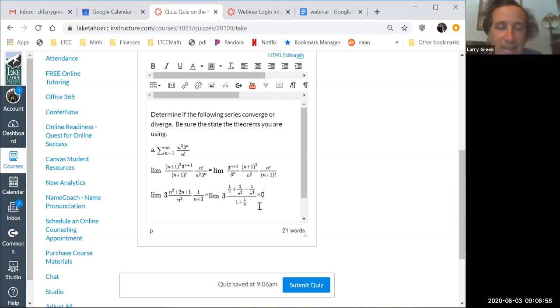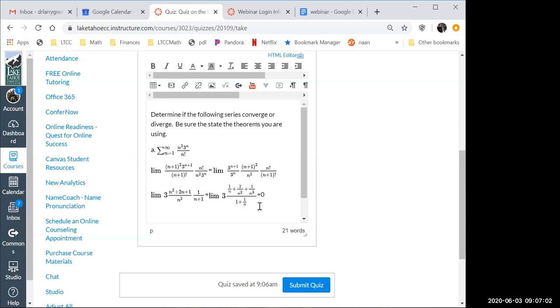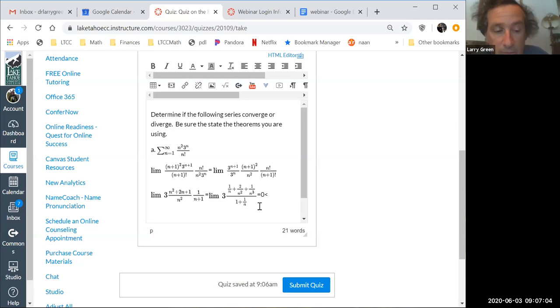What's the key thing about 0? We're at the punchline. It's less than 1. Exactly. Because with the ratio test, you're comparing with 1. So therefore, by the ratio test, the series converges.